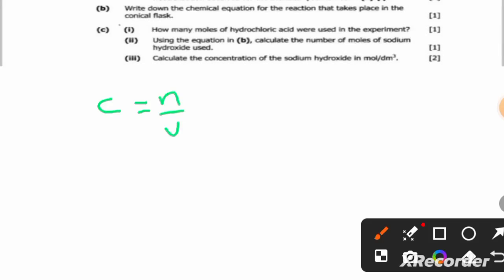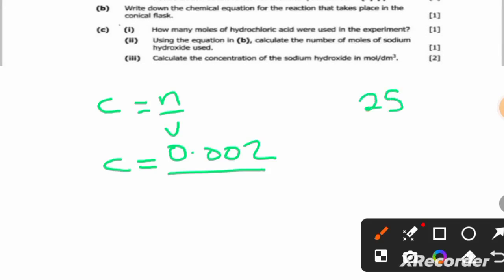So the concentration is equal to the number of moles we have from before, 0.002, over the volume we are given, which is 25 cubic centimeters. We are going to divide by 1000.